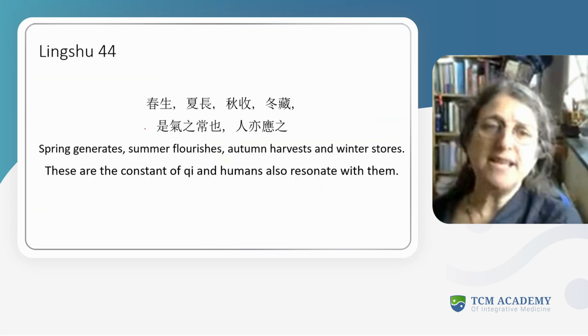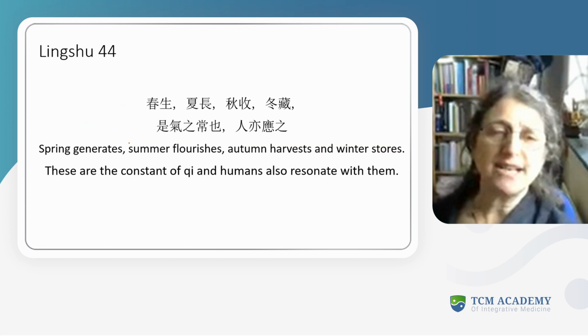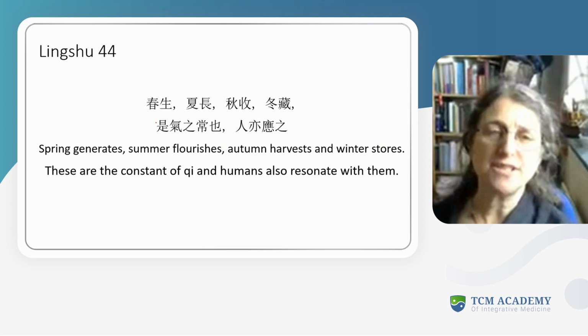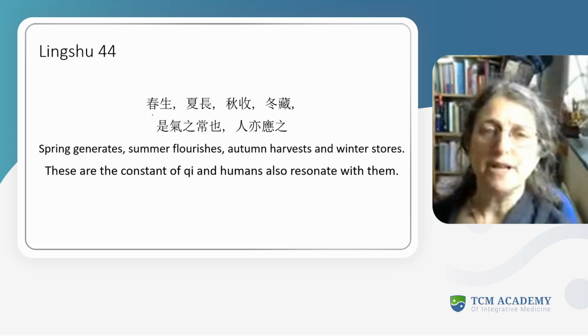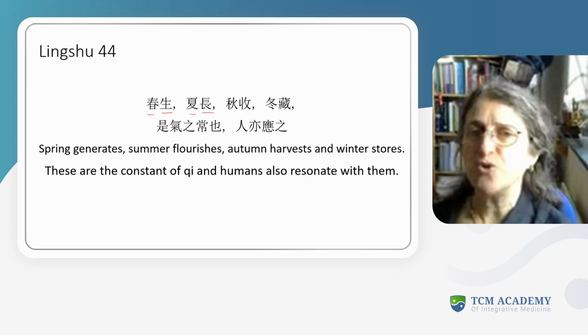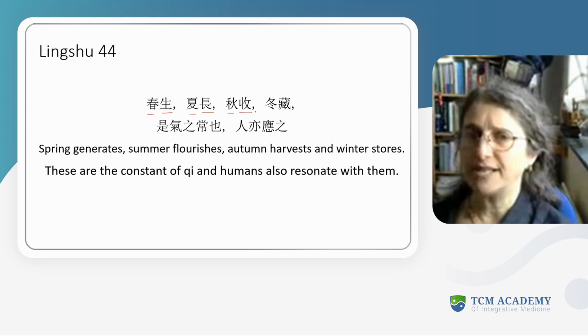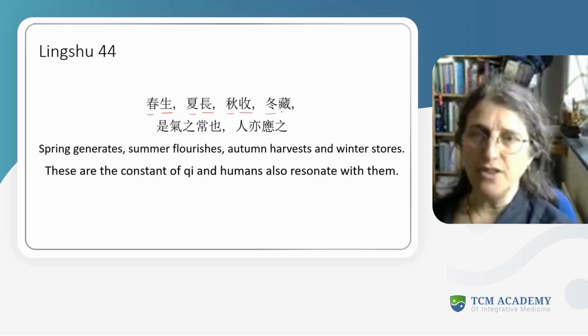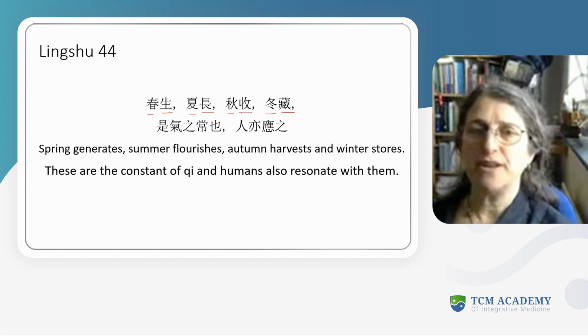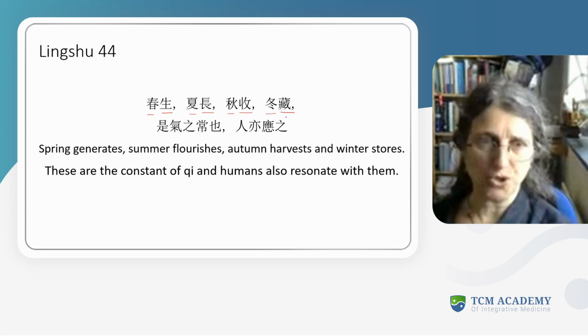So the seasons characteristically have particular characters associated with them. So we have the spring generates, the summer flourishes or grows, the autumn harvests, and the winter stores.